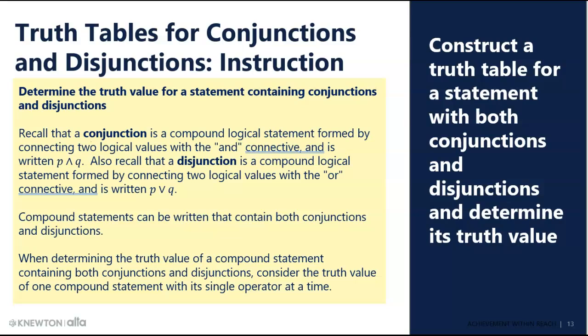So we can use conjunctions and disjunctions in the same statement. Compound statements can be written using both. And in order to determine the truth value, we have to consider the truth value of one compound statement with a single operator at a time. In other words, you're just looking at the 2 statements that surround a connective.